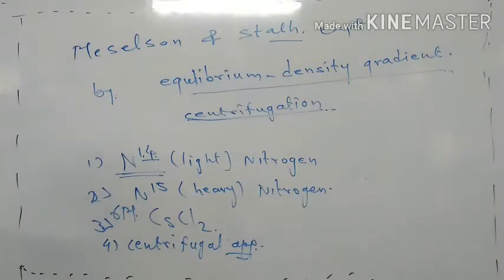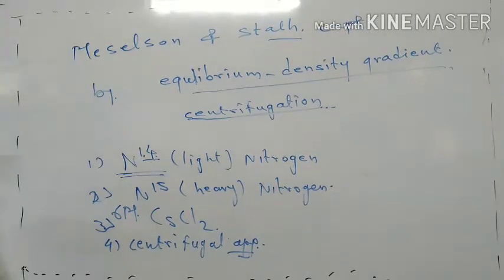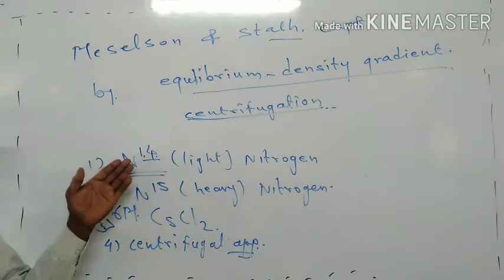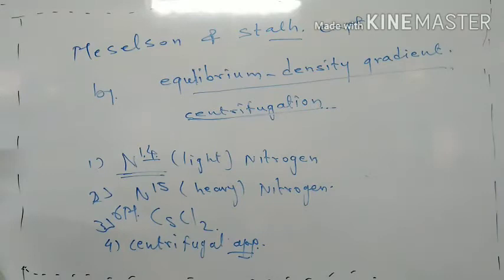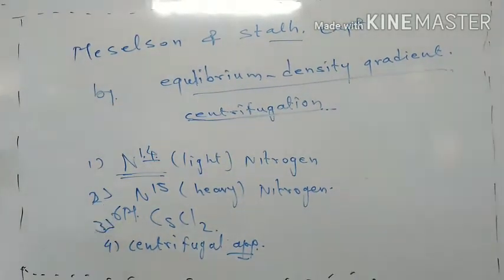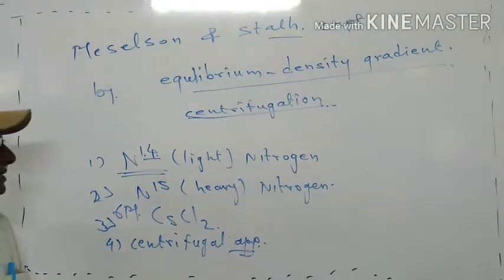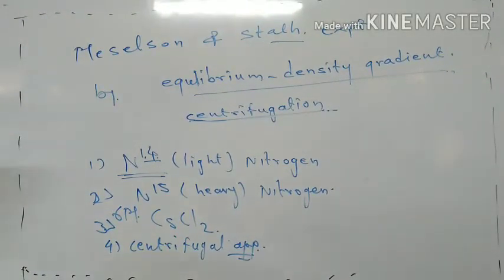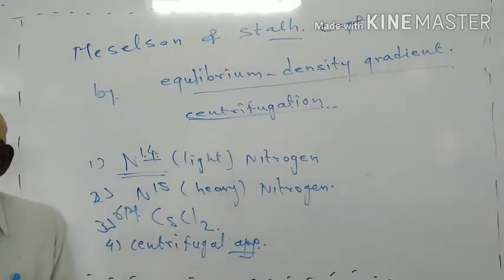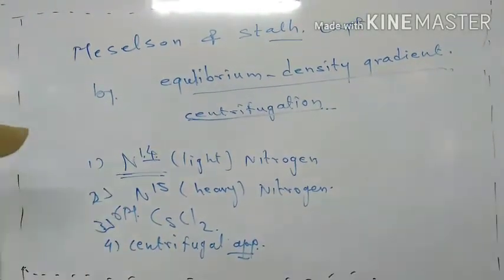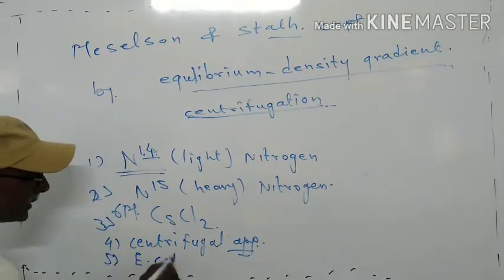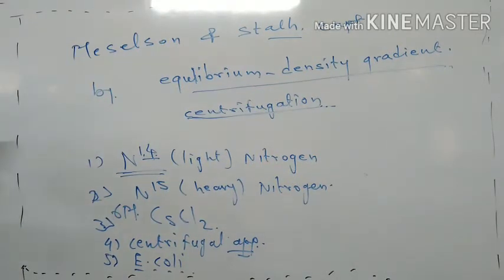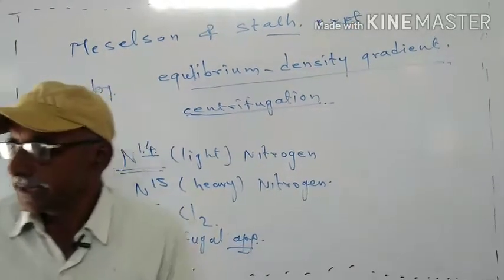So in the experiment, they take the N14 isotope of nitrogen, then N15, which is heavy nitrogen, 6 molar cesium chloride, and the centrifugal apparatus. Now, which bacteria was taken for the experiment? E. coli, Escherichia coli. This bacteria was taken by them.